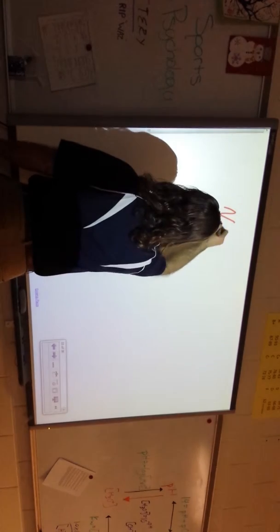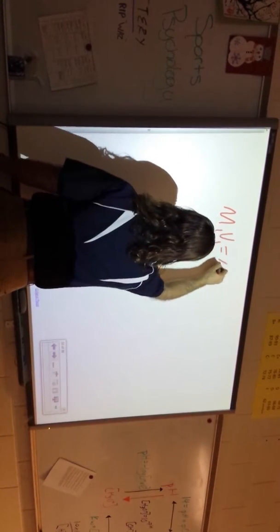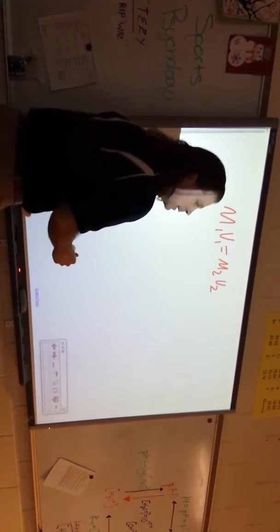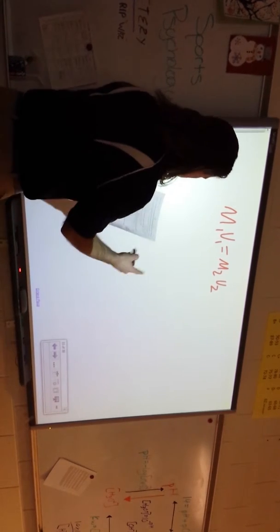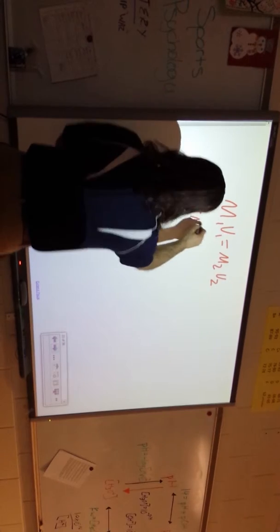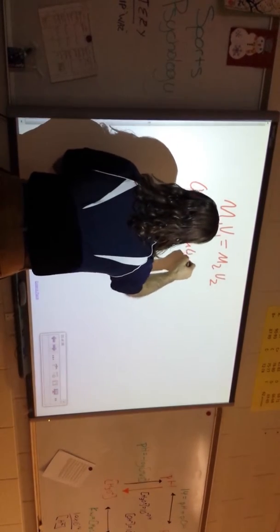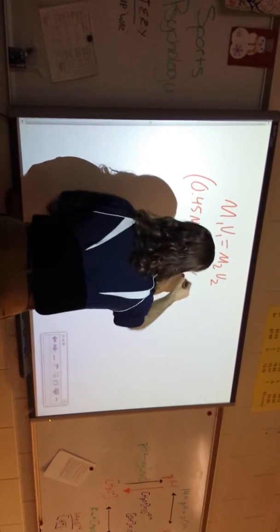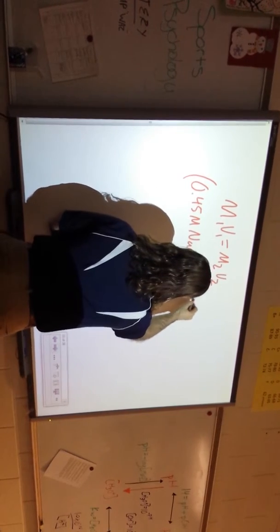Second one, it says the same student takes 5 milliliters of a 0.45 molar sodium hydroxide solution from problem number 1 and dilutes it to 100 milliliters. Dilute should have been the dead giveaway that you should have used this formula here: M1V1 equals M2V2. In this case, the original concentration is 0.45 molar NaOH, and the student used 5 milliliters of it.